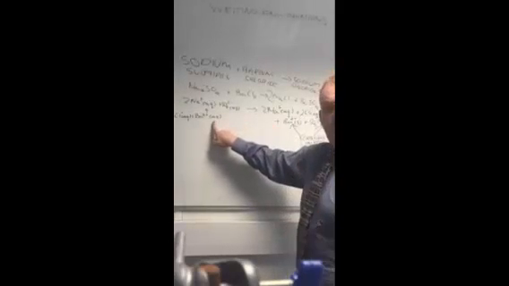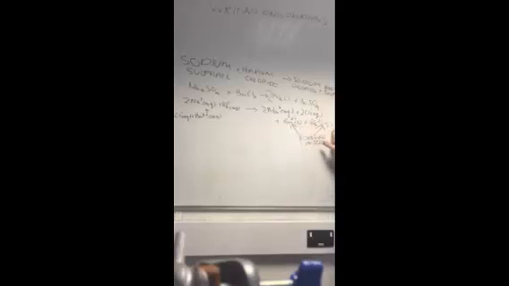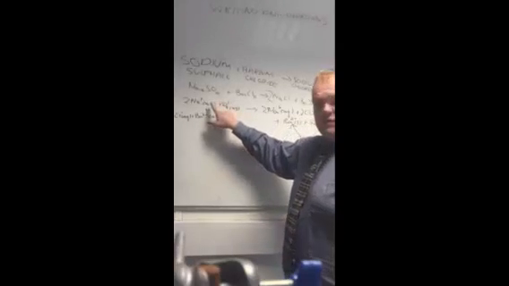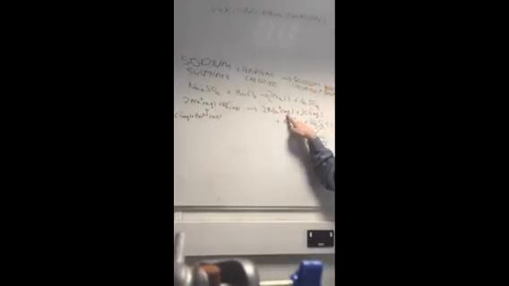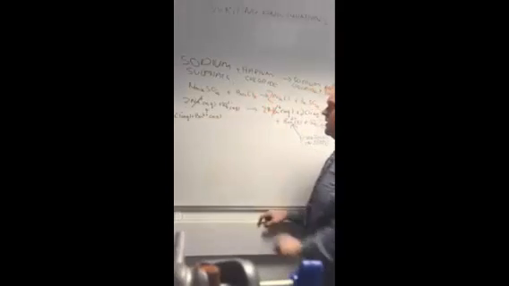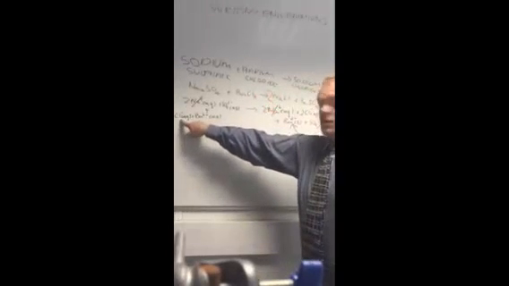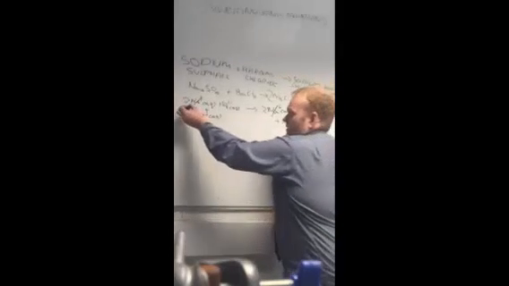They started off both as solutions, they've ended up both as solids. The sodium ion started off as a solution, it ended up as a solution, so we ignore it, we cross it out. The chloride ion started off as a solution, it ended up as a solution, we ignore it, we score it out.